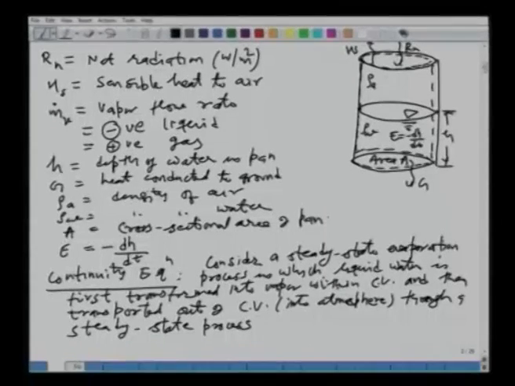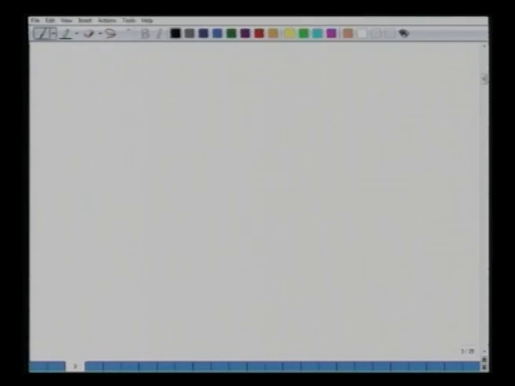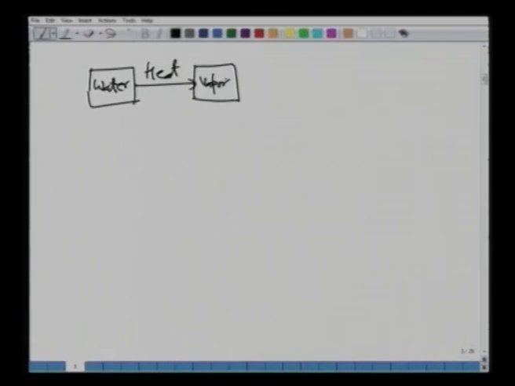So, let us look at it schematically what is happening. You have water in the pan, then heat is imparted to it. It is the heat energy from the sun. Due to that, it is getting converted into vapor, and this process is happening within the control volume or within the pan.